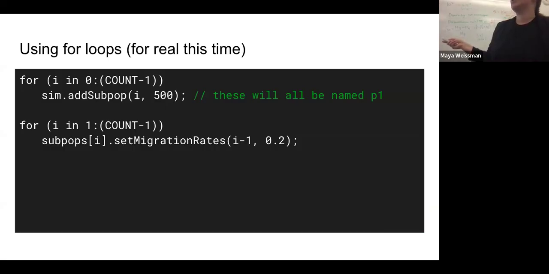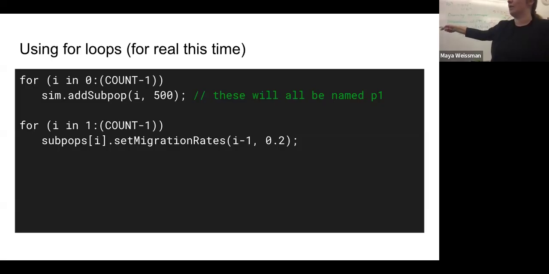So it'll automatically convert add subpop 1 to P1. And then if I want to set migration, this particular recipe from Slim is setting migration rates between all of these and saying that migration is occurring basically unidirectionally.